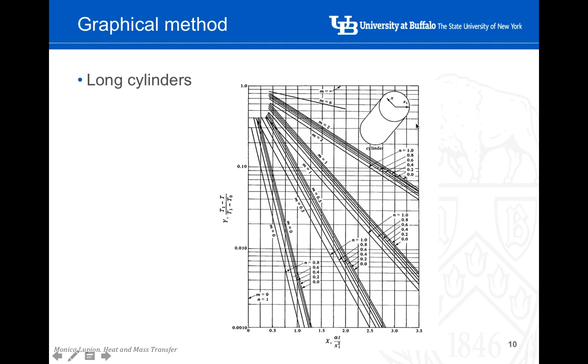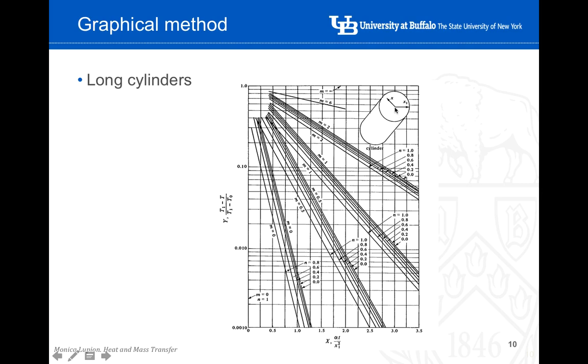Same thing for cylinders. As I mentioned, you can see the graph here with the same elements, x, y, and the lines m, and depending on n as well. And if you pay attention, you can see the diagram with the values of the position.